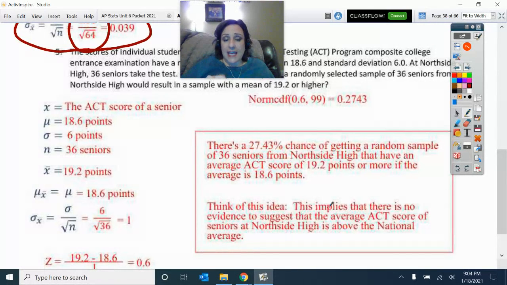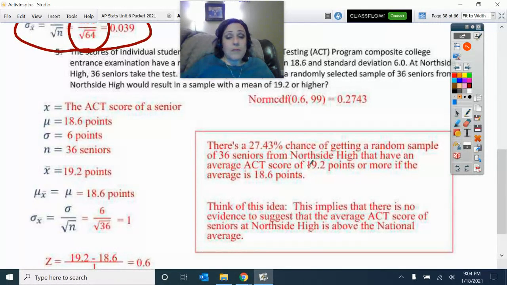So we might take a year, and I did that with our Aledo data. I took the year 2018 and our Aledo data, and I was seeing if the average ACT for Aledo students is higher than the state average, which is what I compared it to. And so this shows that the sample I got at Northside High was 19.2.